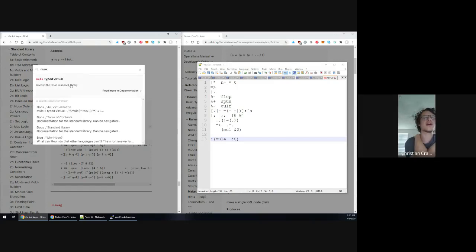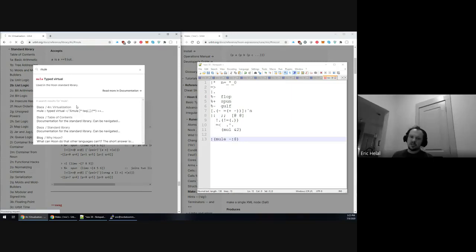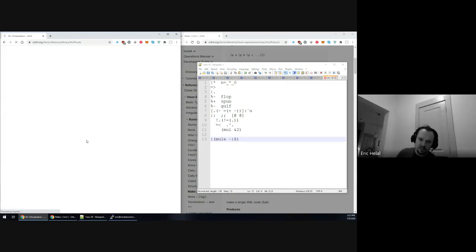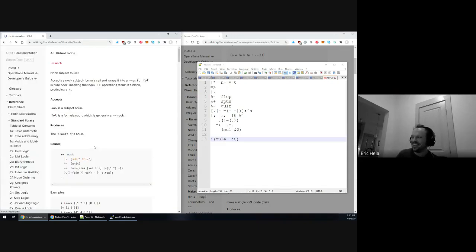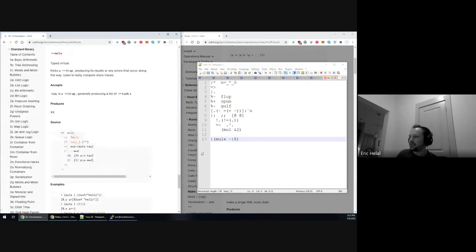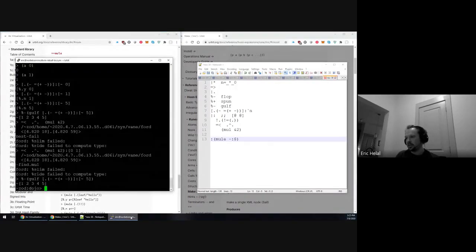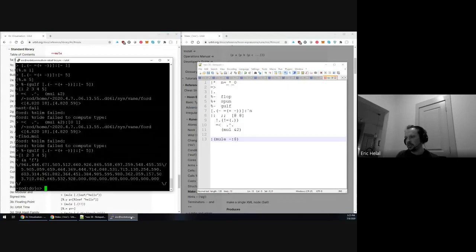Mule just catches it if it fails, basically. Oh, so it literally does nothing. Yeah, for the most part. Okay. I wonder if I... oh, that's not what I would expect.